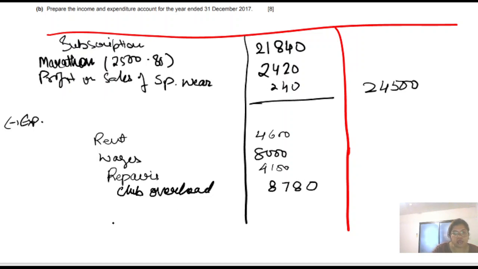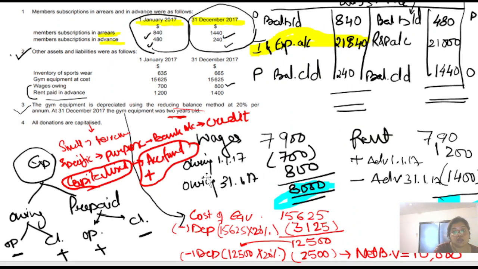After that we have to write down the depreciation, but mark my word, depreciation for the year ended, because we are going to prepare the income and expenditure account for the year ended 31st December 2017, which is this one, 2500.